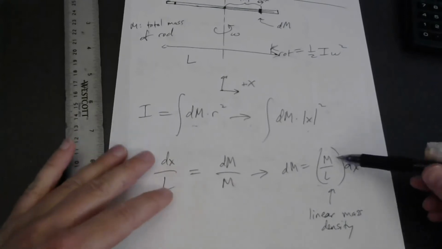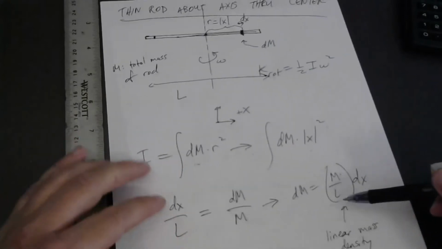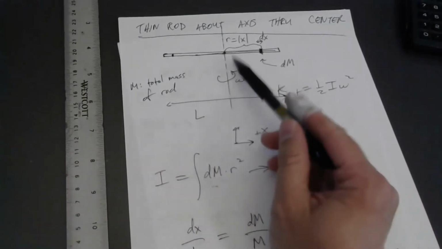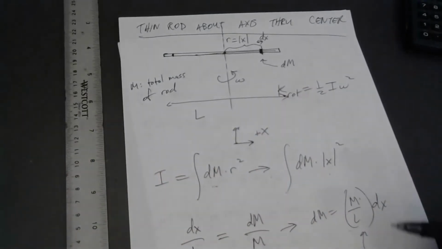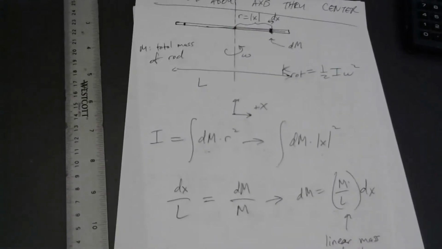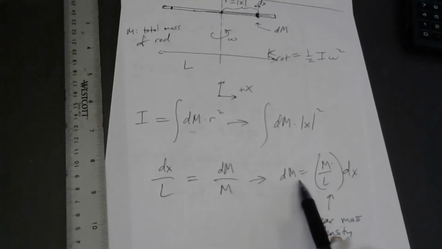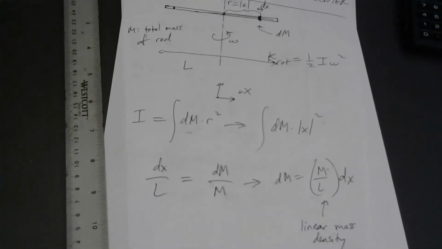It's the total number of kilograms per meter. It tells you how dense this thing is, right? If you've got 10 grams for every millimeter, for instance, that's a fairly dense rod. So you just take how many kilograms there are per meter and then multiply by the thickness of this little piece, and that'll tell you how much mass there is in that little piece.